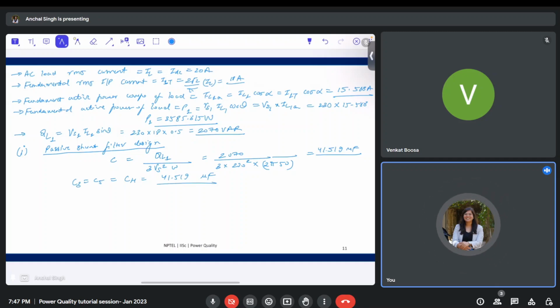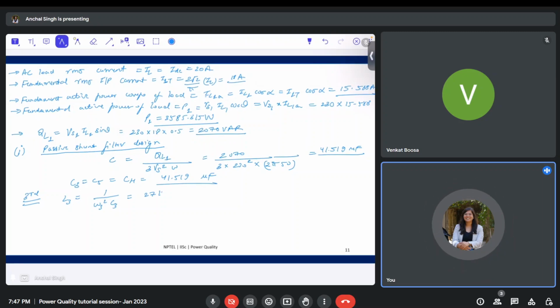So we have found out the value of all the three capacitors. Now let's find out the value of three inductors. If we look at the third harmonic component, we have already done this exercise, right? L3 is equals to 1 by omega 3 square C3, which will come out to be 27.115 millihenry.